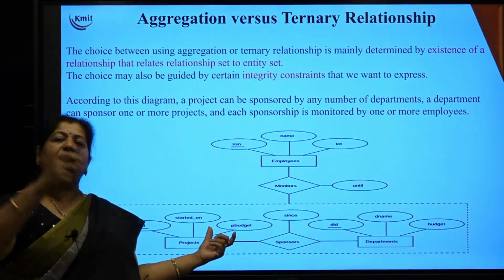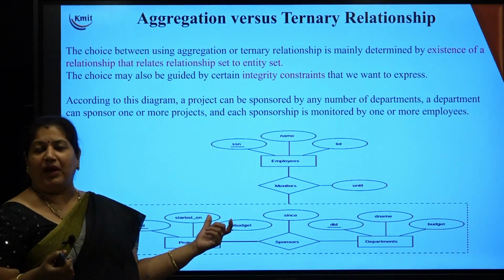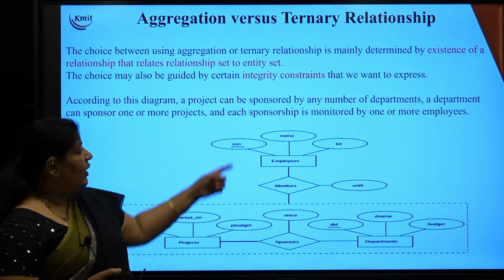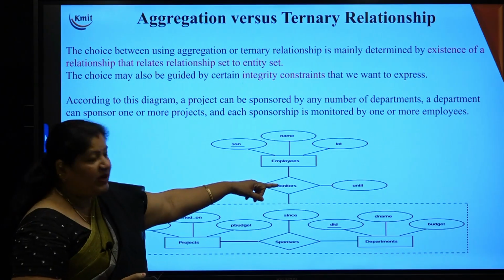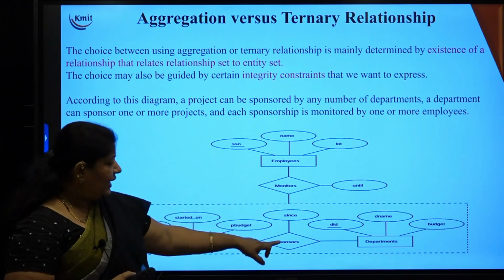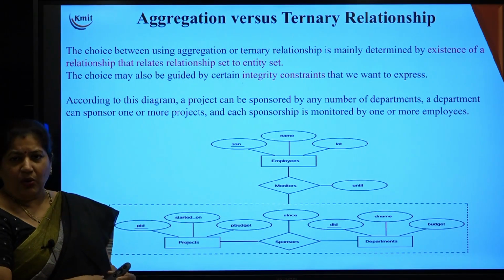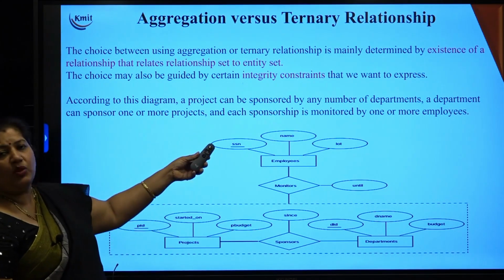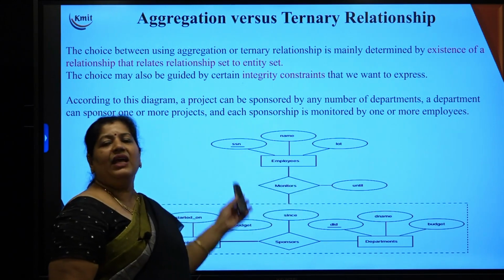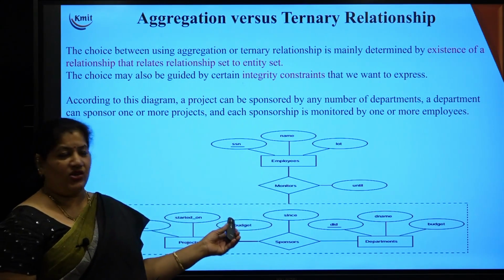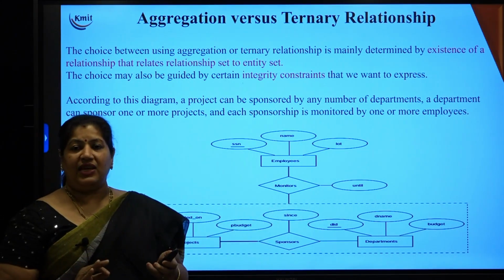Every department has multiple projects and a project may be owned by 2 or more departments. So monitoring it becomes aggregation, or otherwise the relation between the employee monitoring this whole relationship becomes a concept there. So it depends on what has to be done and how it has to be done. If until was not there, it would have become a simple ternary relationship. But when I introduce this concept, it requires aggregation.